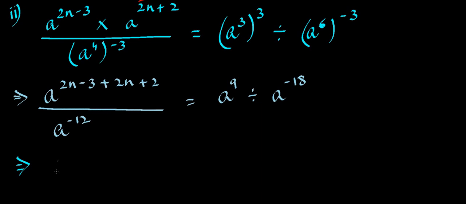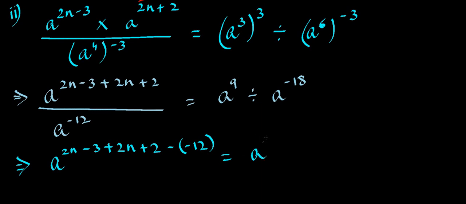This implies that a raised to 2n minus 3 plus 2n plus 2, and since this is dividing, this will go as minus 12 is equal to a raised to 9 minus 18.